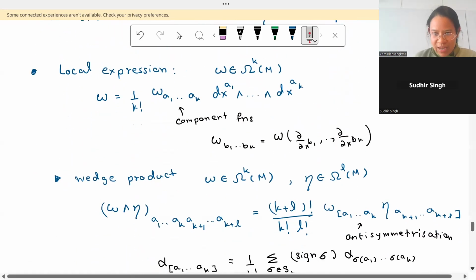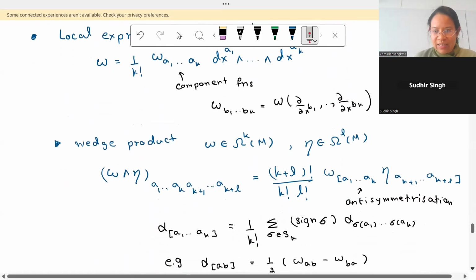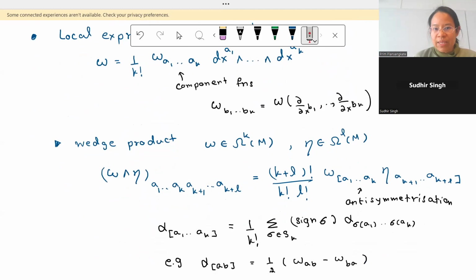It can be worked out that it will be in this form. So the component of the wedge product will be just the anti-symmetrization of the components of omega and eta, with some weight.